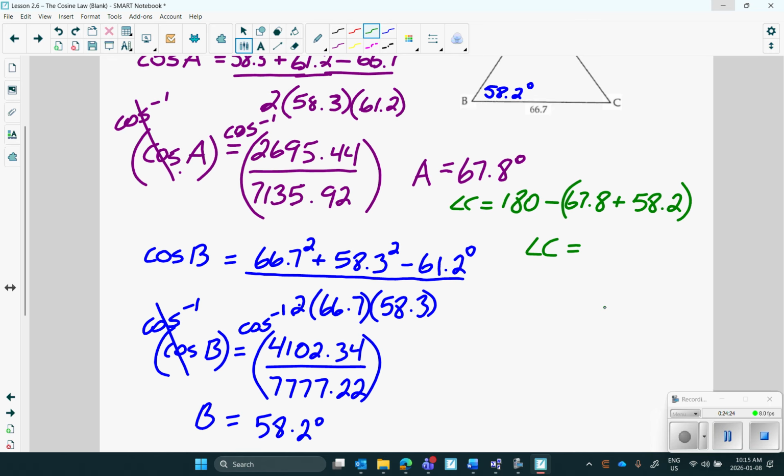Yeah. Okay. And 180 minus 126 should give us 54. I believe. Should be the third angle. Okay.